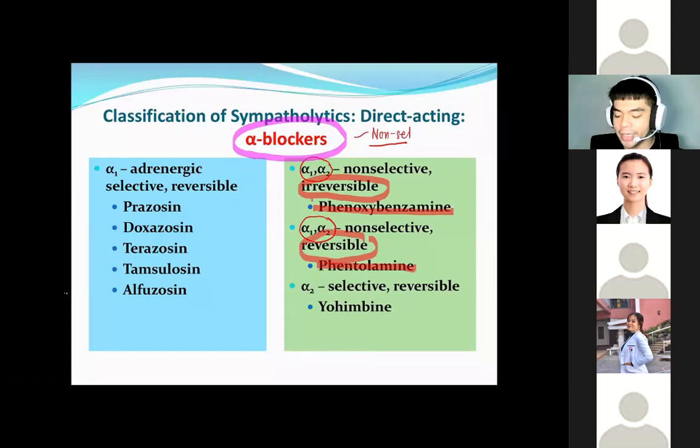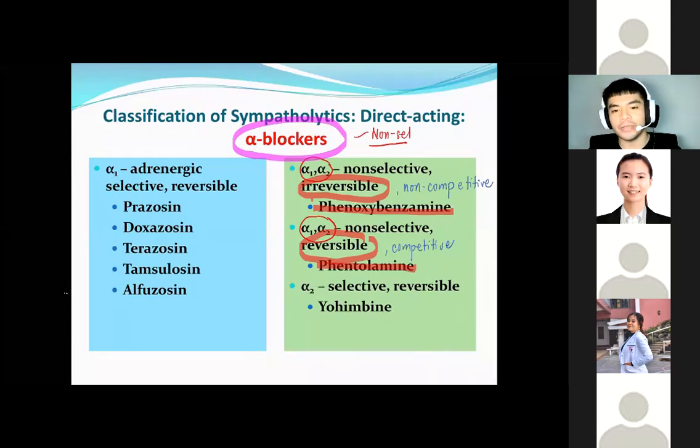Secondly, phenoxybenzamine acts non-competitively, whereas phentolamine acts competitively. So again, phenoxybenzamine is irreversible and non-competitive, while phentolamine is reversible and competitive. Yan ang differences nila.